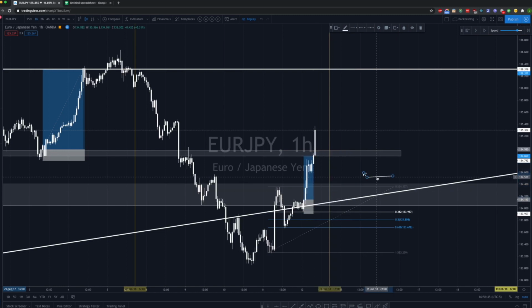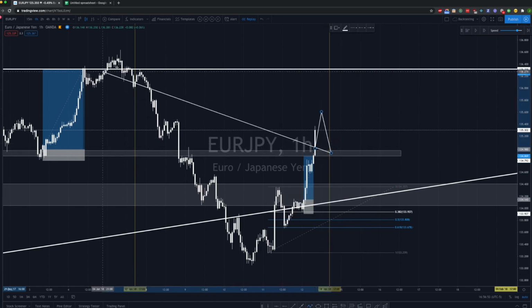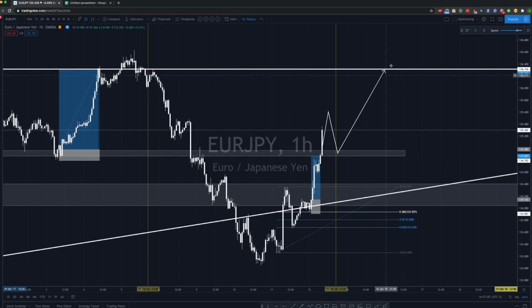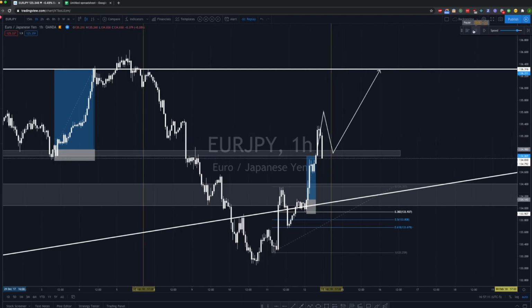What I'll be looking for now is, we had that strong move up, so if we get a retest here, then we could probably target these highs again somewhere here. That would probably be like a double top on the higher time frames. I don't know. Let's see.